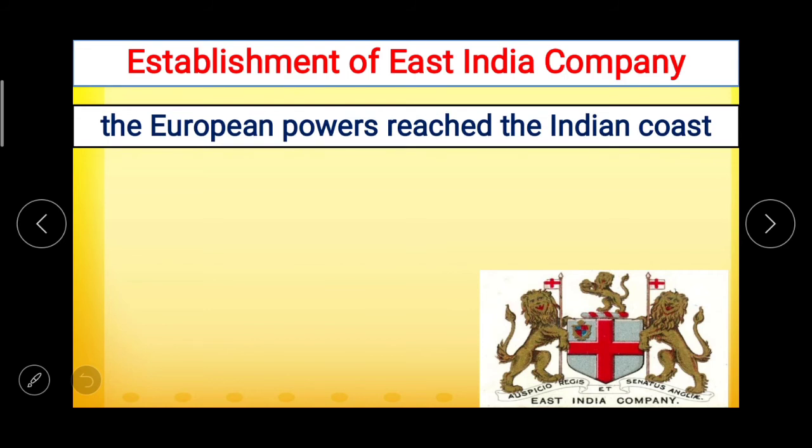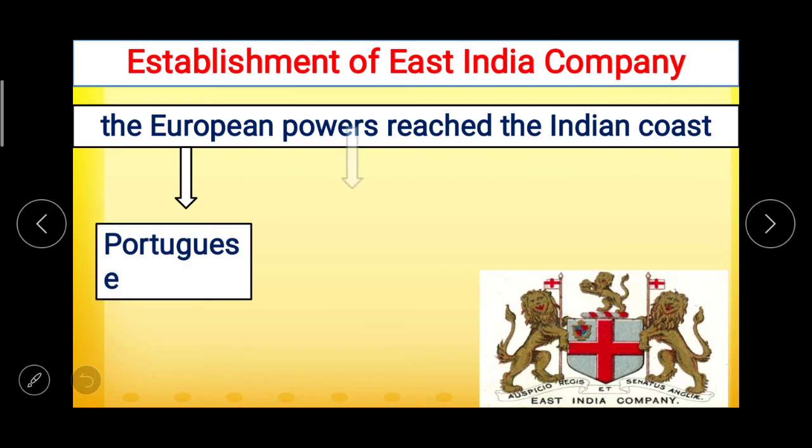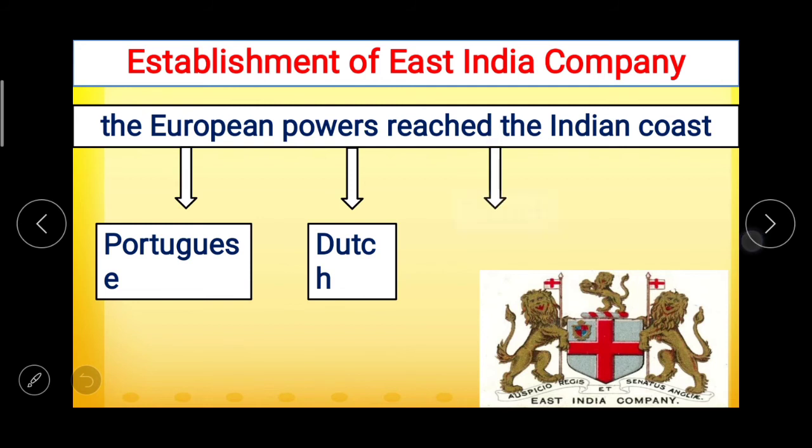The European powers reached the Indian coast, which we have already studied in the last chapter. In that, the Portuguese, Dutch and British entered the race for capturing the Indian market.